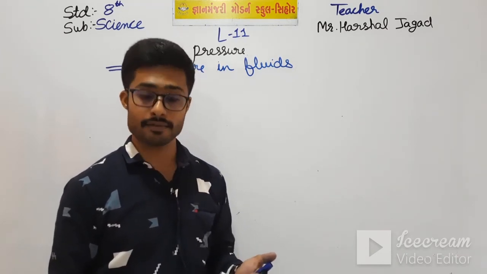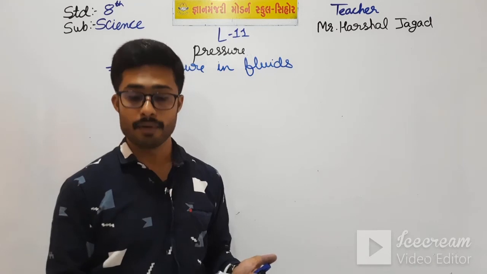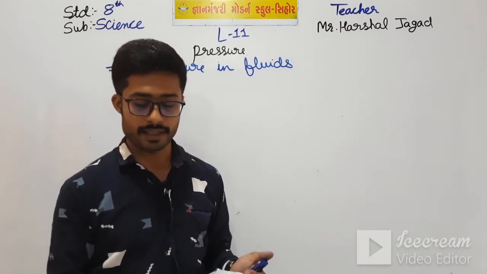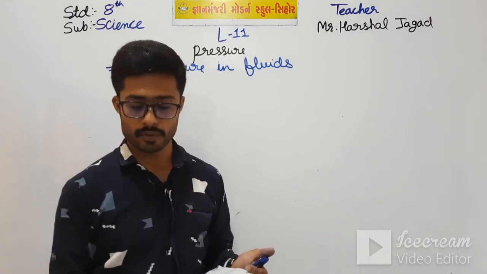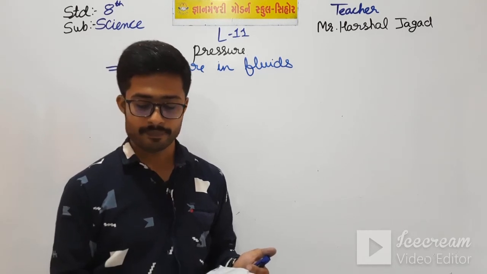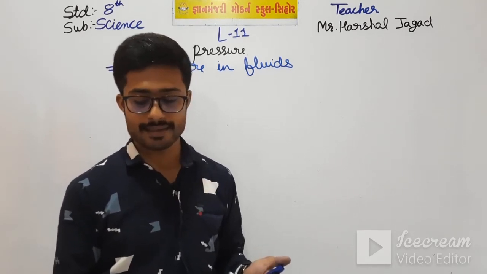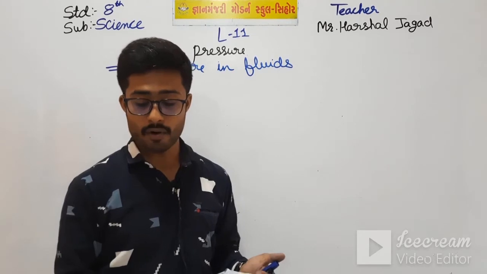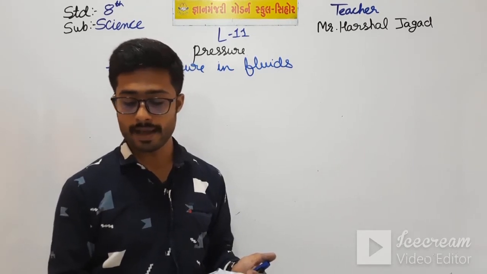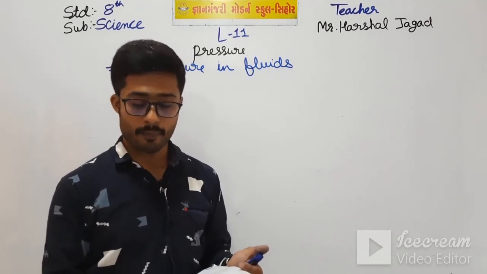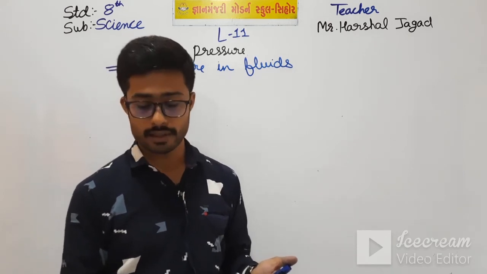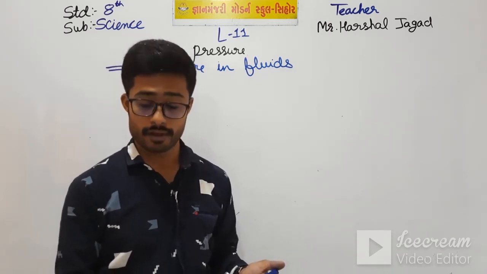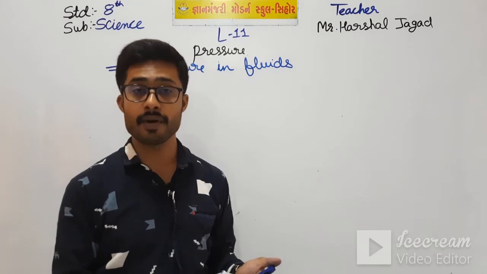When air is blown into the balloon, the pressure of the air inside the balloon pushes the material of the balloon and makes it expand. As more air is blown, the balloon expands further till a point when the material of the balloon cannot stretch any further without breaking.